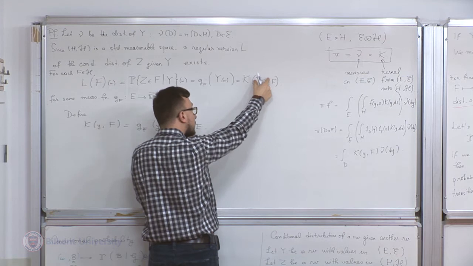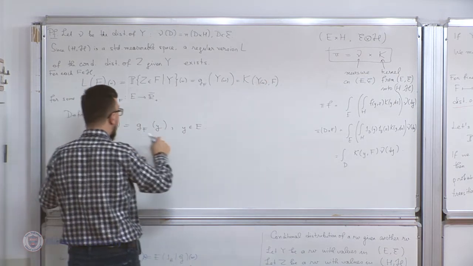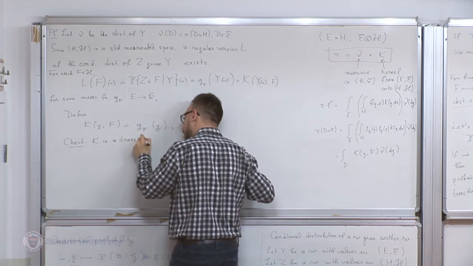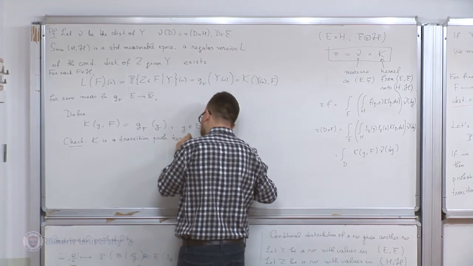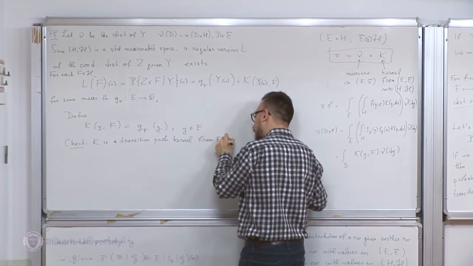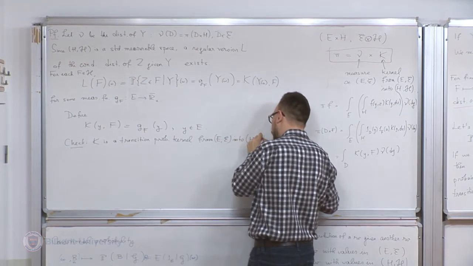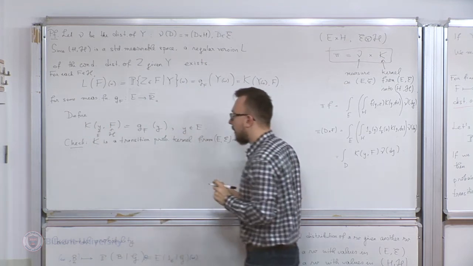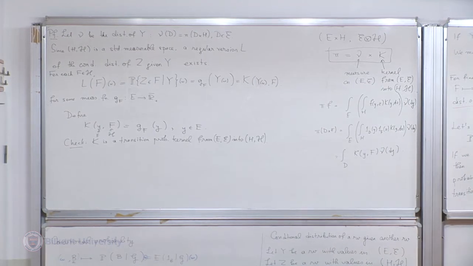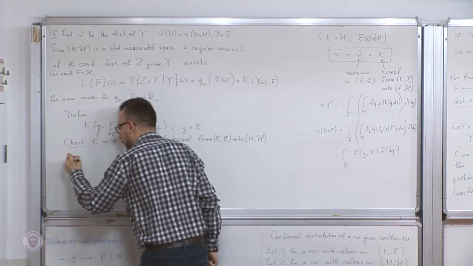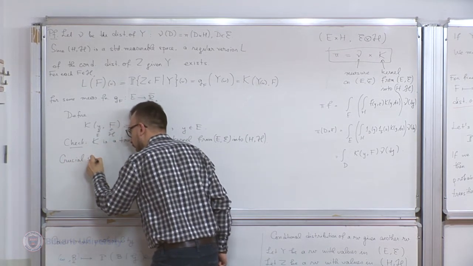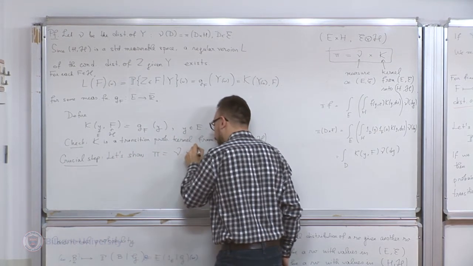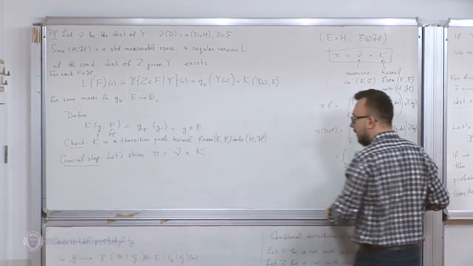So one needs to check that k is a transition probability kernel from E into H. This is coming from E, and this is coming from H. The crucial step is to show that pi is nu cross k, where nu and k are defined as above.